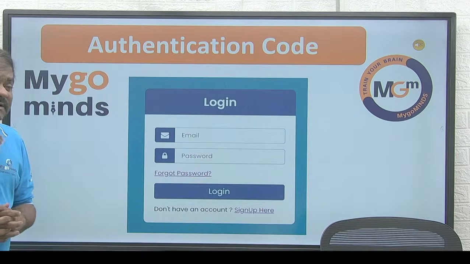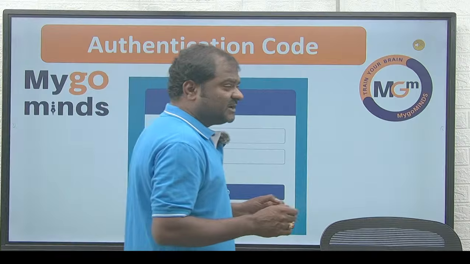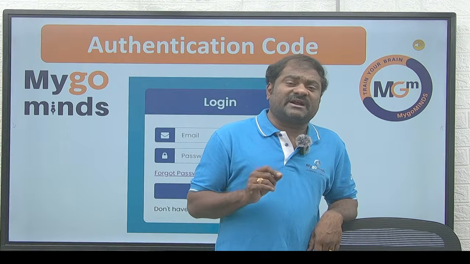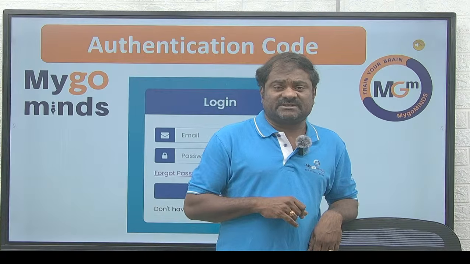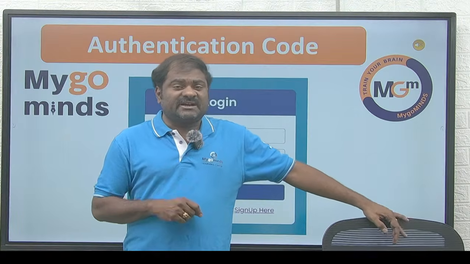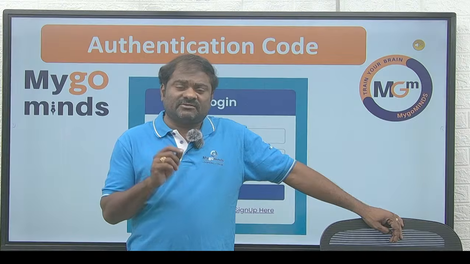Authorization means assigning the roles and responsibilities for the authenticated user. That is called authorization. Authentication will always tell who are you. Authorization will always tell what rights you have to access that application. Nowadays, if you want to log into Facebook, registration is mandatory. After registration, you have to log in.